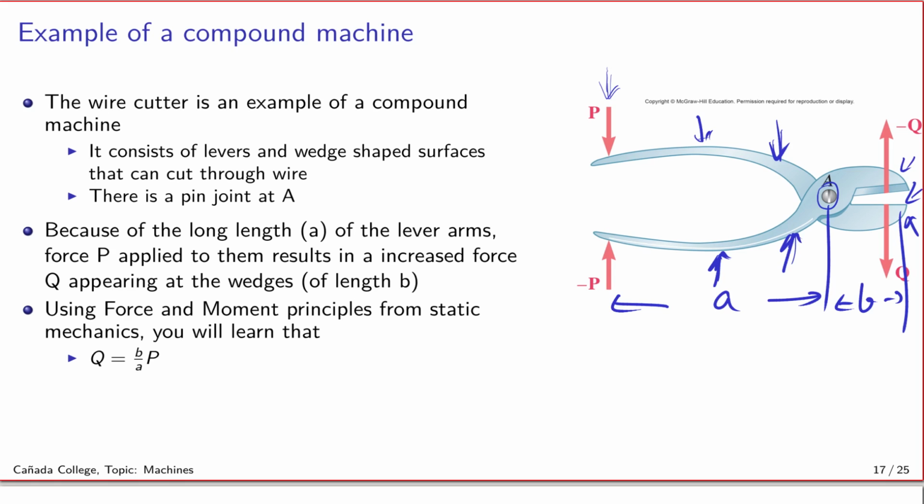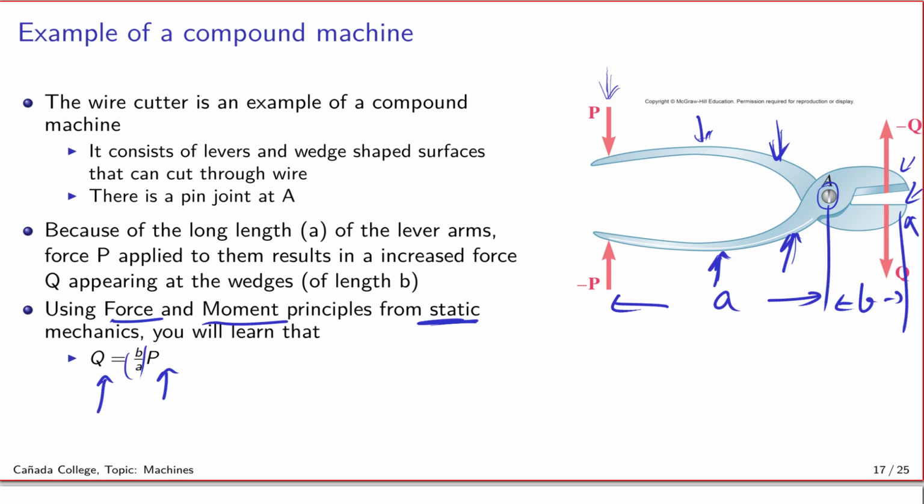It turns out that when you study the subject that deals with this topic, which is static mechanics, you will learn about forces and moments and the principles surrounding them, and you will find that the load that appears at Q when you apply a load P on the lever arm is going to be related by this expression here, which is the ratio of B over A.